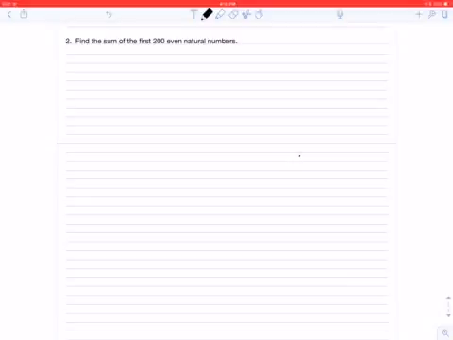Now, if I wanted to find the sum of the first 200 even natural numbers, let's just list a few of them. So starting with 2, 4, 6, 8, and so on.